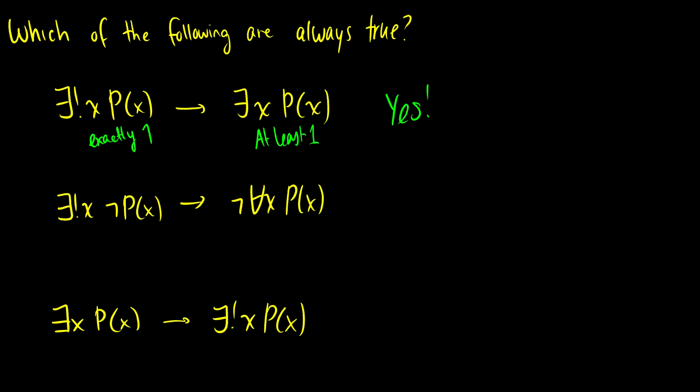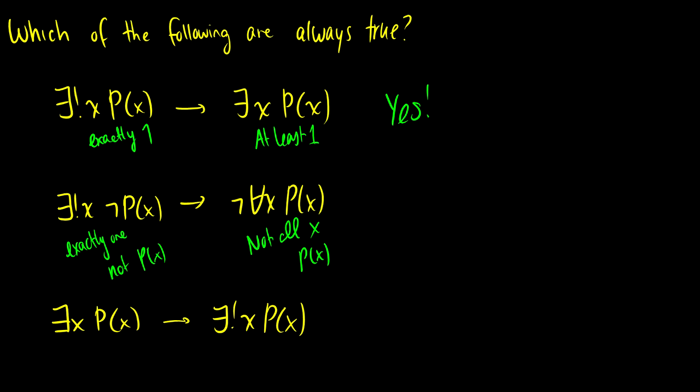What about if there exists a unique x such that not p of x, then not all x p of x? So this says there's exactly one that's not p of x. Well, this says that not all x p of x.